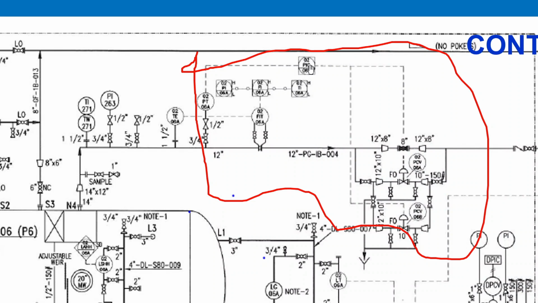In the control room, the controller has two jobs. One is receiving the signal from the pressure transmitter, equivalent to the field pressure, the gas outlet pressure, and it compares it with the set point. The set point may be 250 psi, or 15 bar, or whatever we have provided here.